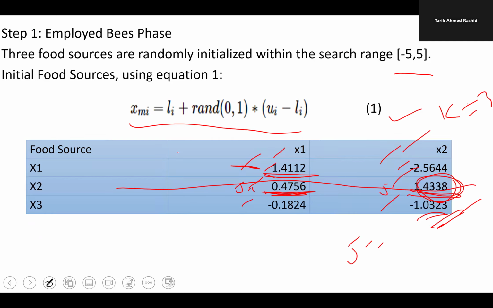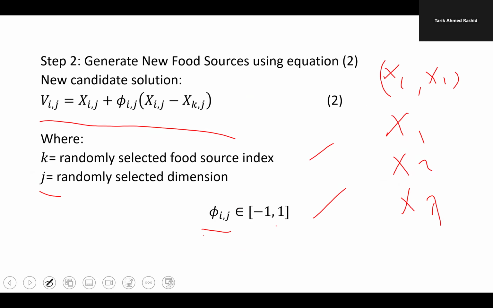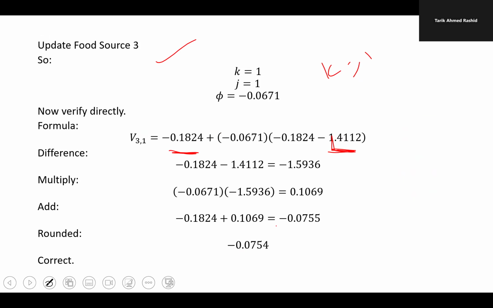Okay, that's 141 food source 3, k equals 1, and j equals 1, which is first dimension. It is minus 108. So food source 3. Now let's see. It is correct. That's correct. And it's correct. These are randomly taken.